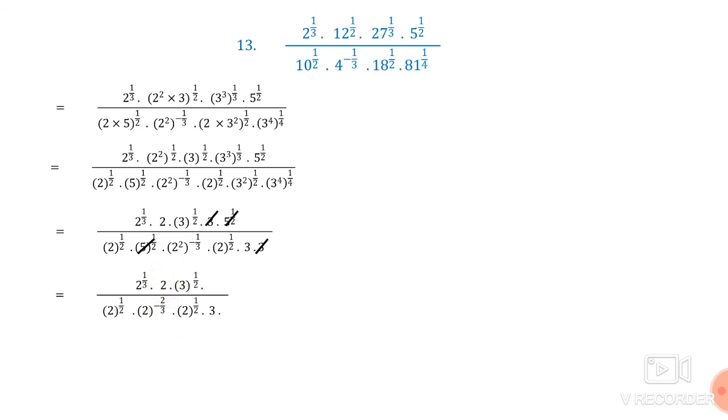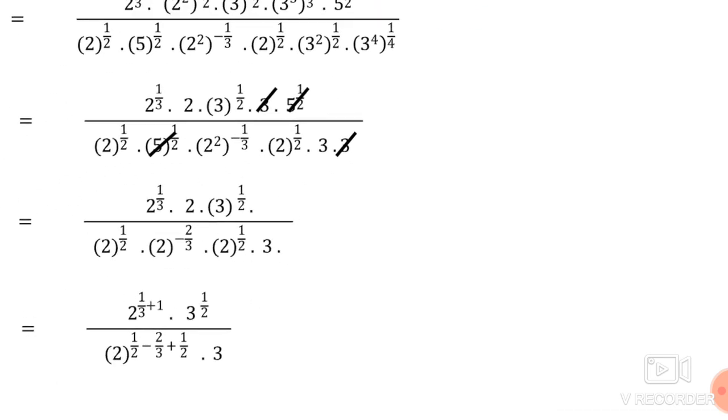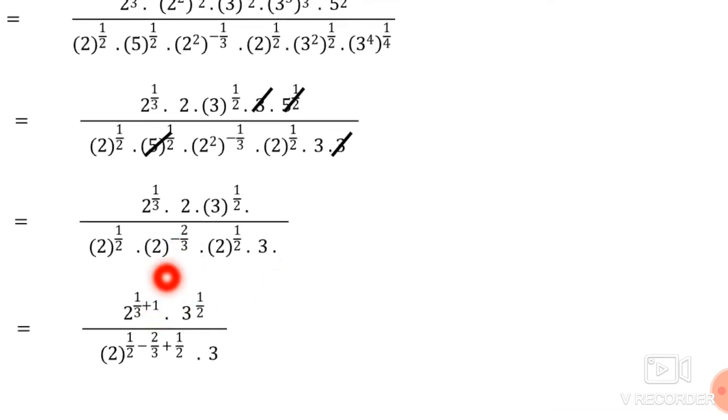We will first simplify them and then shift them from numerator to denominator, or from denominator to numerator. So solving this 2 exponent 1 upon 3 and this 2 exponent 1. 2 exponent 1 upon 3 plus 1, and in the denominator we have 2 exponent 1 upon 2 minus 2 upon 3 plus 1 upon 2.